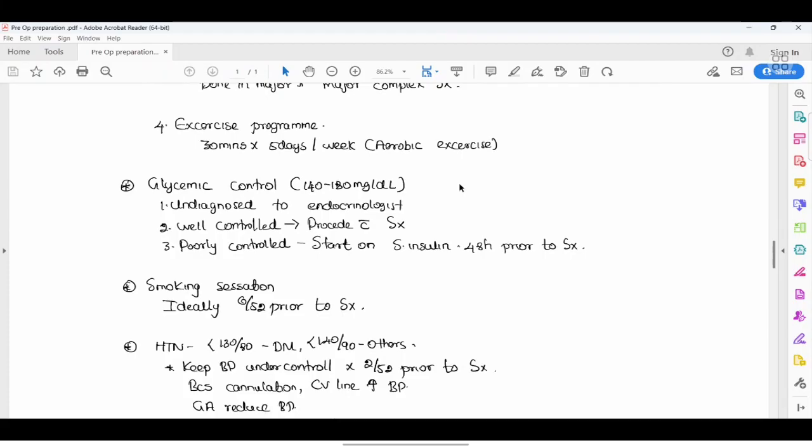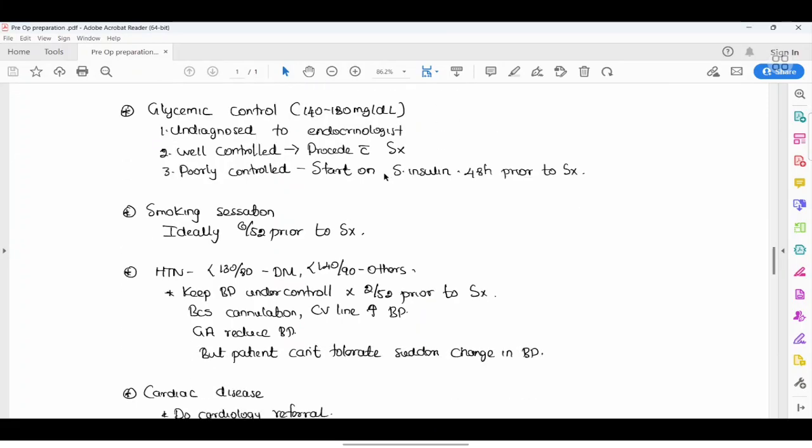For others, 140/90. Here also we alter the medication and achieve this blood pressure target prior to the surgery. Ideally we should have at least 2 weeks of blood pressure control prior to the surgery. We can also refer to the physician. That is usually done practically in our surgical ward.